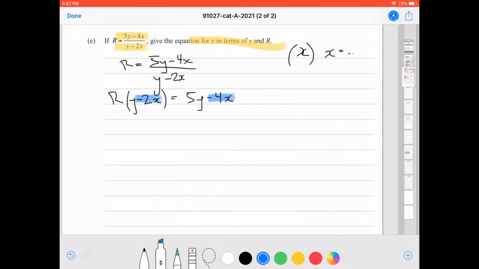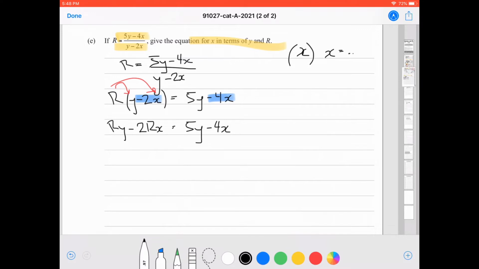Okay, in the meantime, we can expand these brackets. So again, multiplying what's outside the brackets by what's inside the brackets. And so we're going to say ry minus 2rx equals, and our right side remains unchanged, 5y minus 4x. Okay, in order to factor out x, we have to bring our x's to one side.